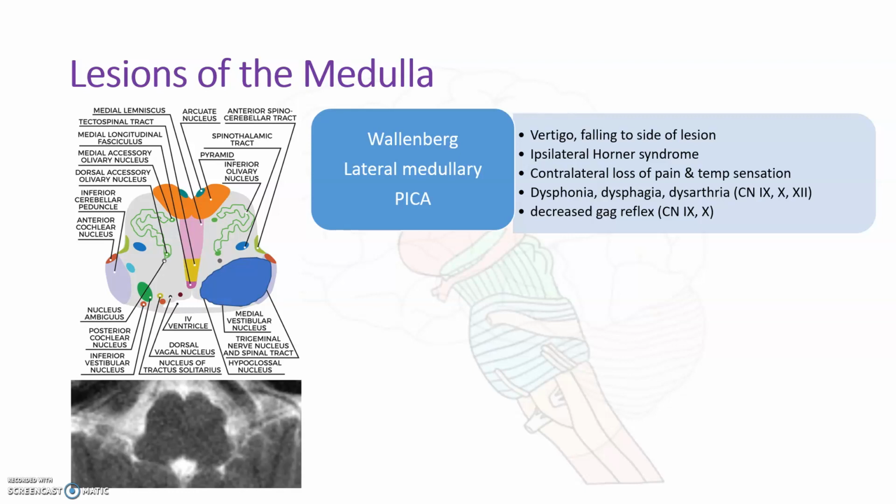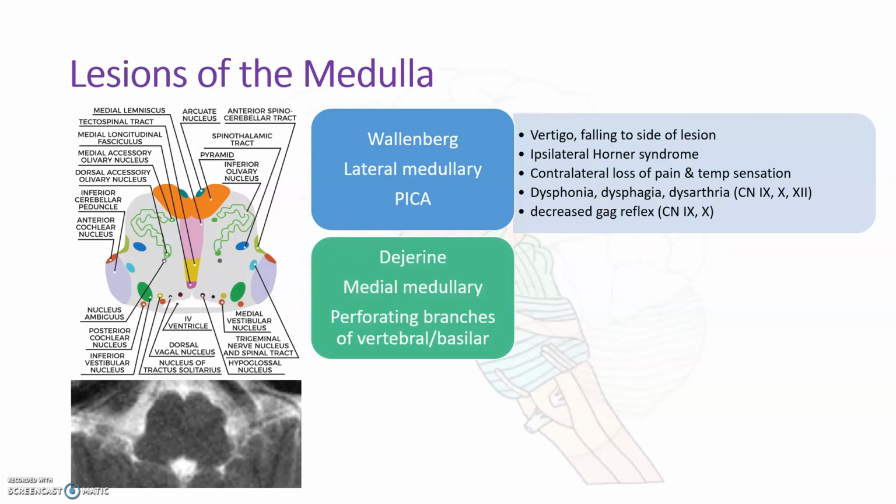Contralateral loss of pain and temperature sensation. Dysphonia, dysphagia, and dysarthria because of the involvement of cranial nerves 9, 10, and 12, and also a decreased gag reflex because, of course, of the involvement of cranial nerves 9 and 10.